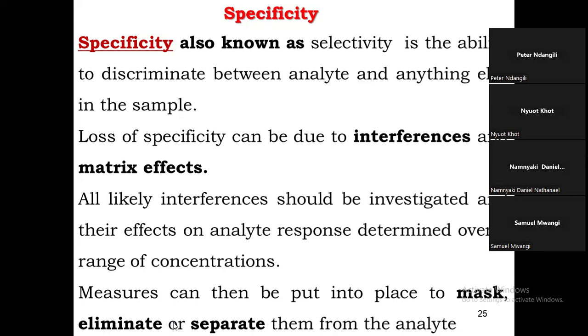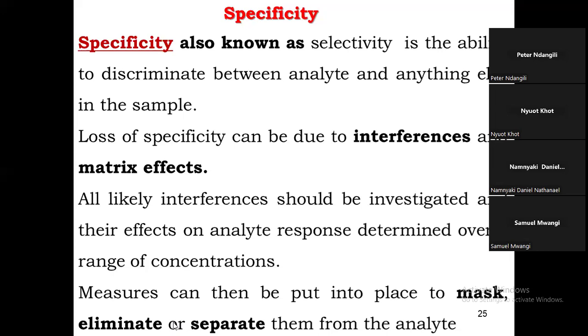How much interference are you likely to get from substance 1? How much from substance 2? How much from substance 3? And have you done anything to mask the interferences?